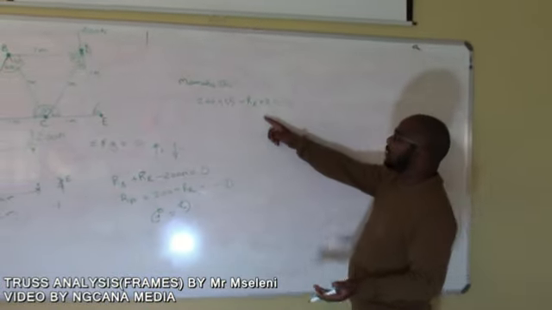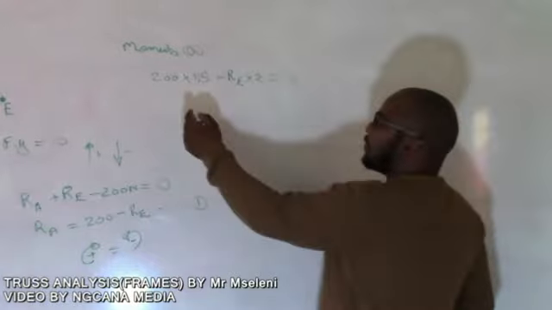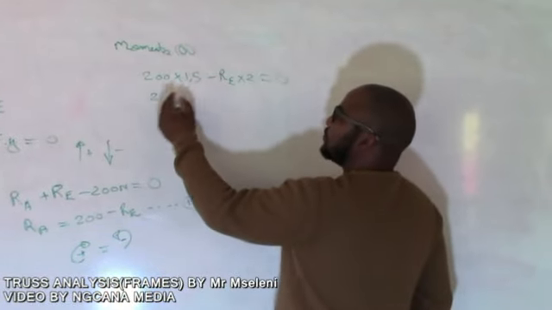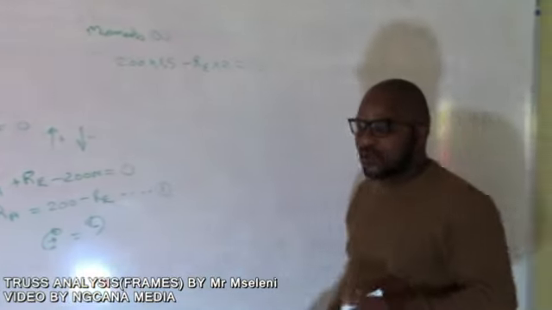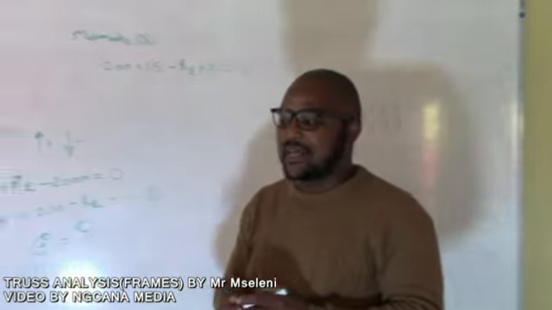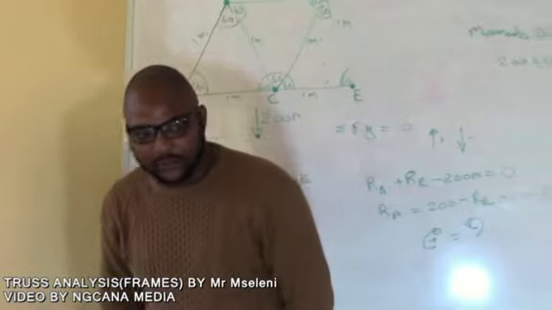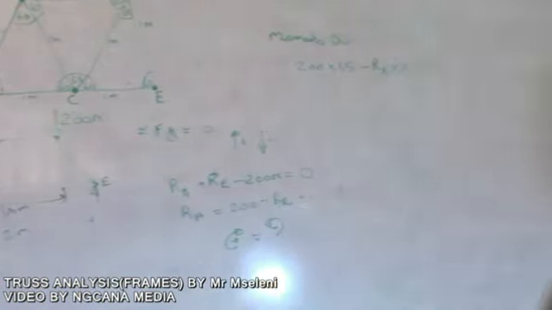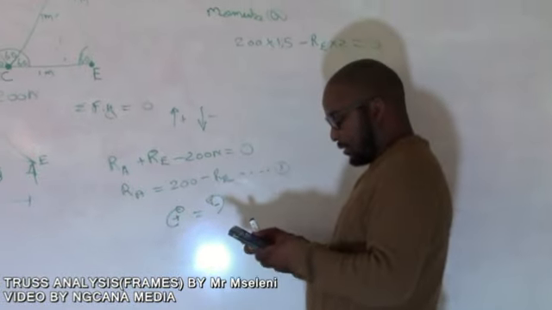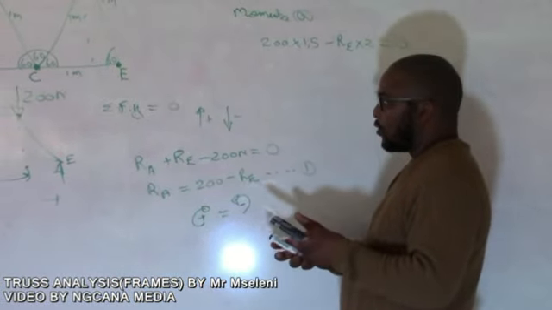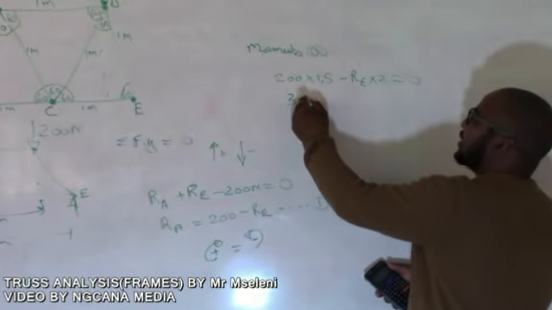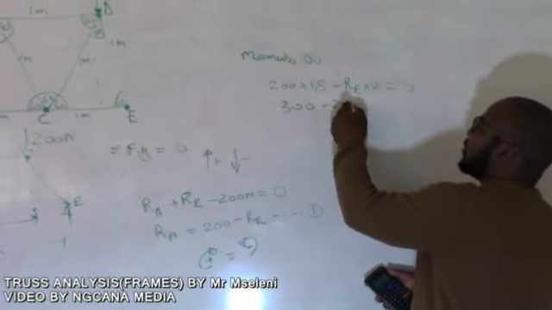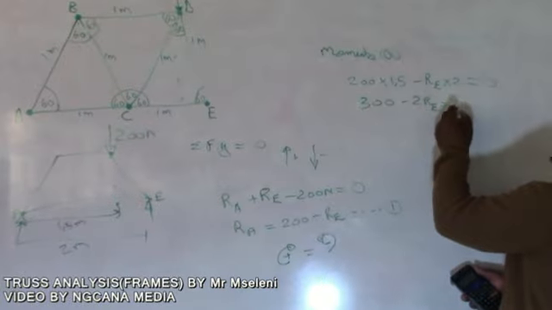Now we can calculate. 200 times 1.5, let me check my calculator, gives us 300. Therefore, you have 300 minus 2RE equals 0.